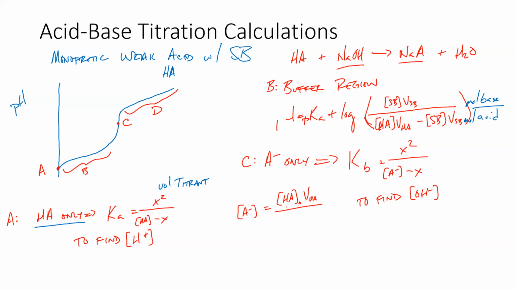Every molecule of HA became a molecule of A minus. And so we're not changing any moles here. We're just changing volume. So it's the volume of the acid plus whatever volume of the base that we've added to it. And so your concentration of A minus better not equal the concentration of HA that you used at point A.